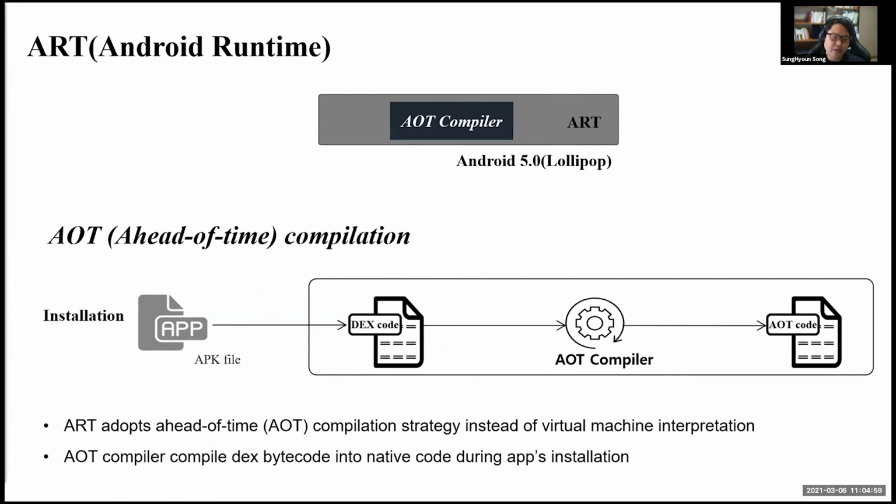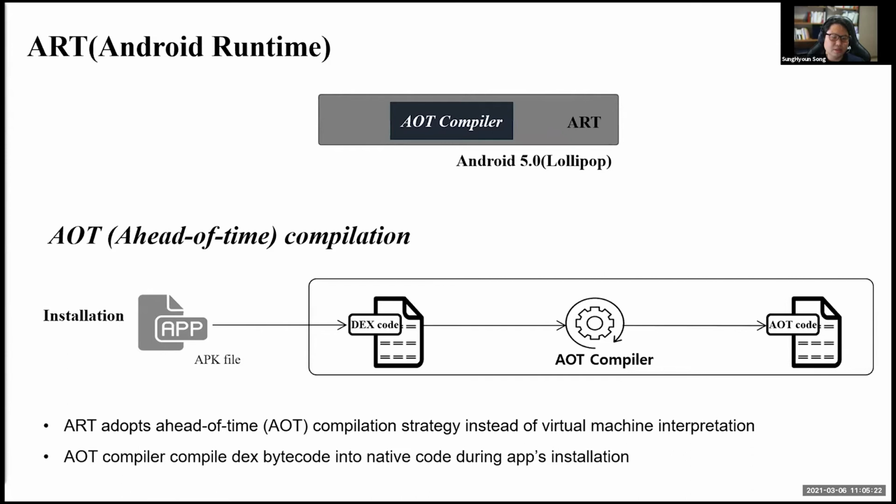ART adopted an ahead-of-time compilation strategy instead of interpretation. ART provides a compiler called dex2oat. The dex2oat will directly compile DEX bytecode into native code during app installation and then store it as an AOT file.